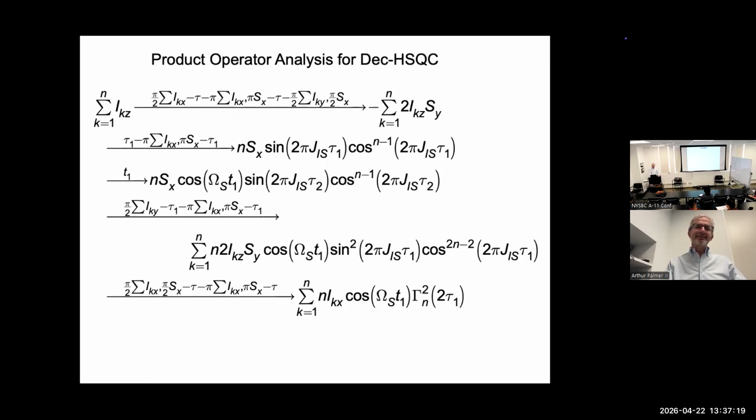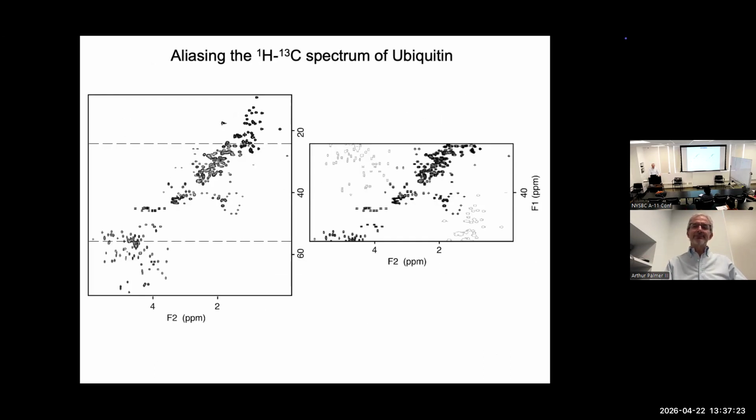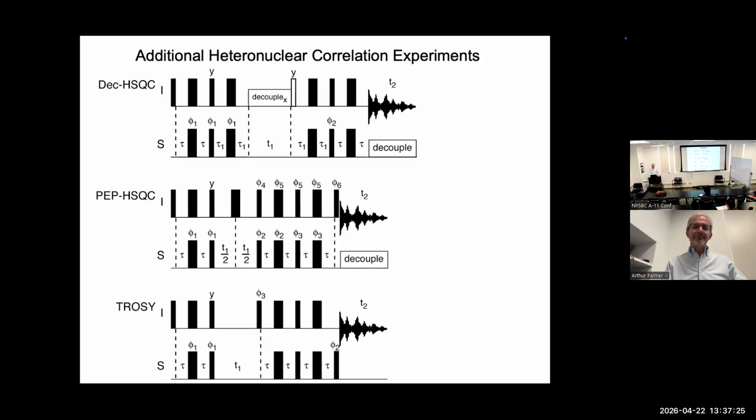I may say something here about this sequence. This is the so-called sensitivity enhanced HSQC. We said most of the time in a 2D experiment, you throw away half the magnetization.